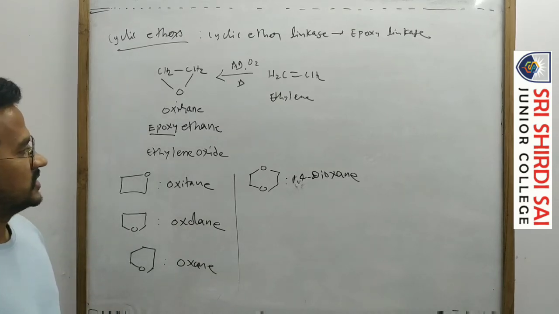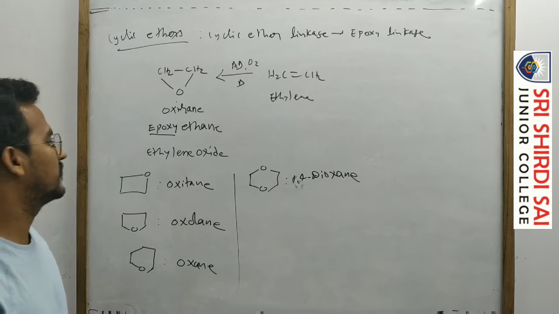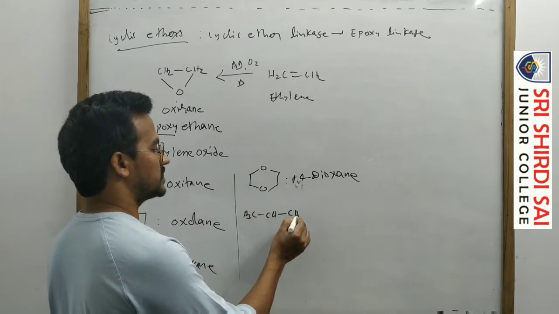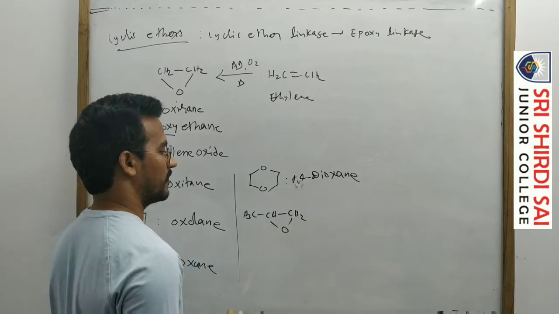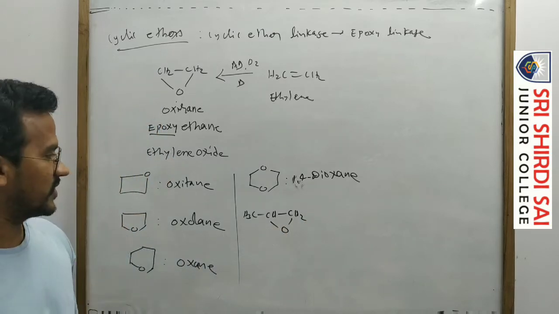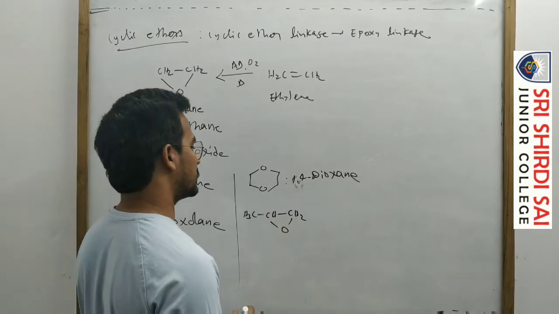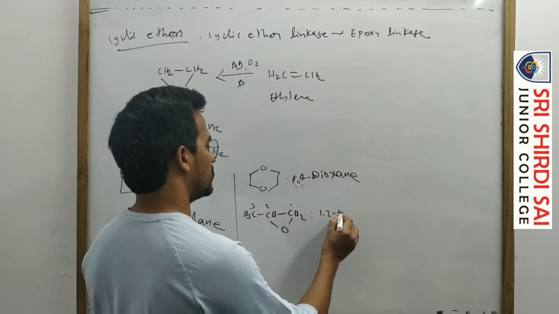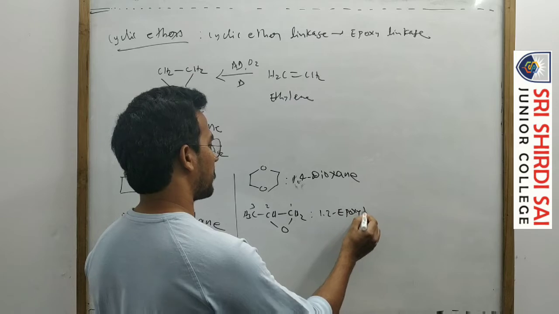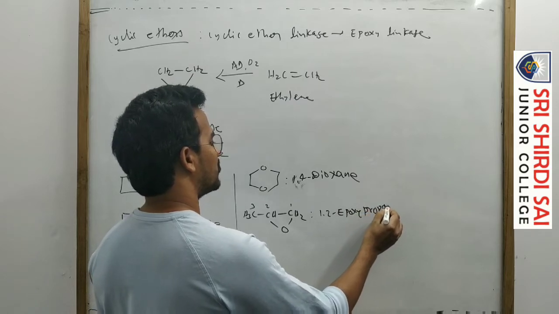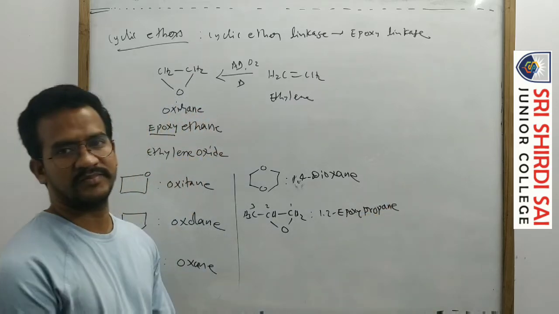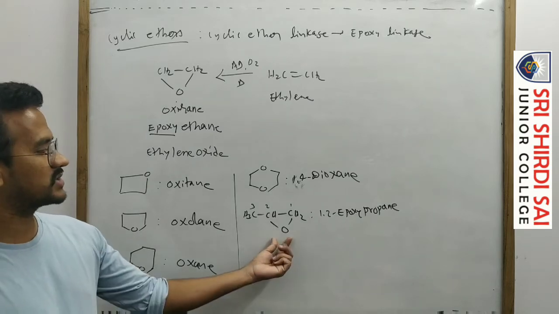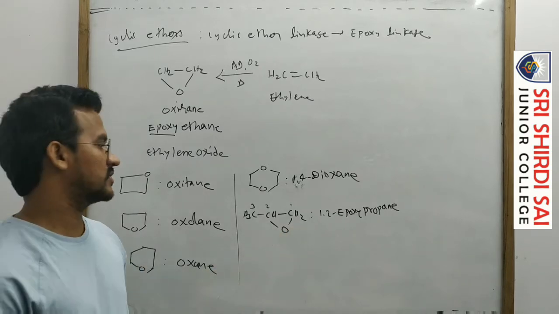Now, let's suppose CH3, CH, CH2. There are 3 carbons, so 1, 2, 3. That means 1,2-epoxy propane, because the epoxy linkage is between the 1 and 2 carbons.